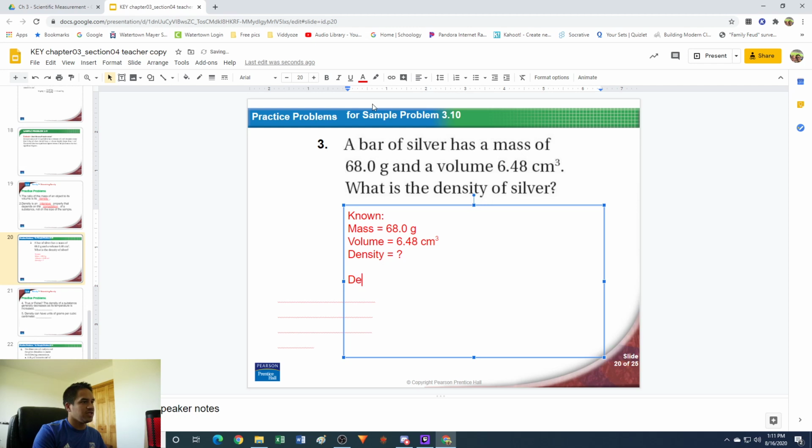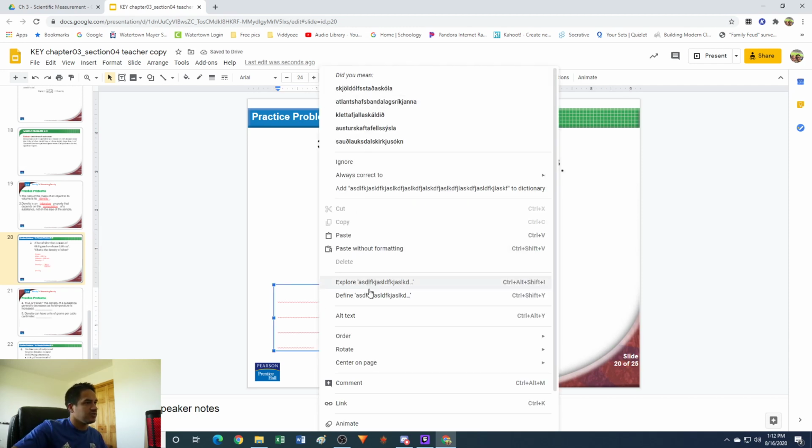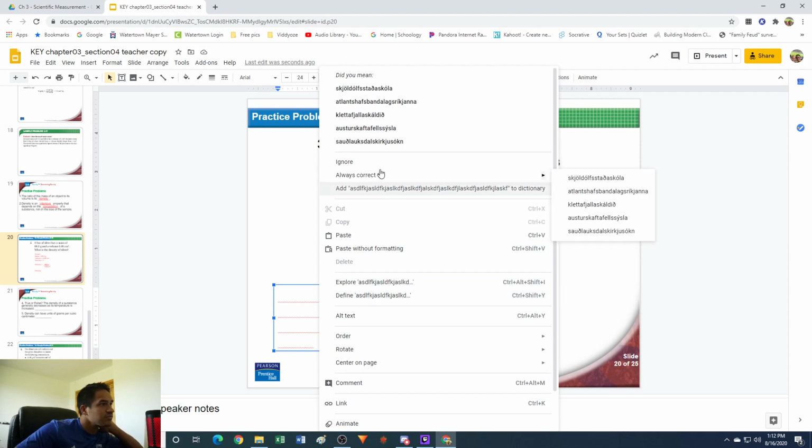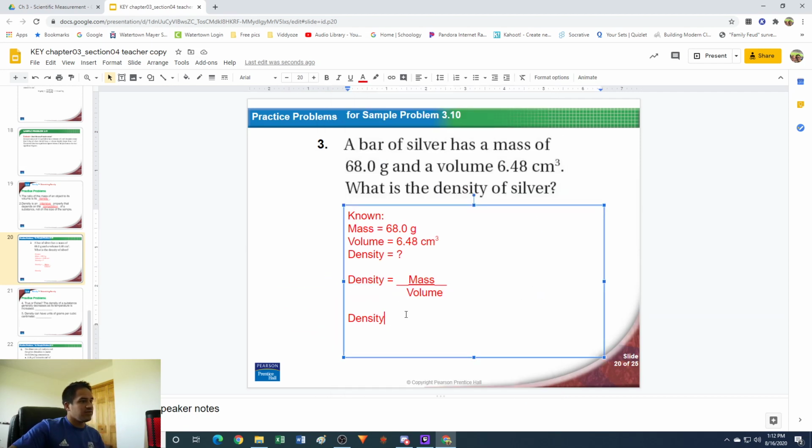Now remember that density is equal to mass divided by volume. So we have density is going to be equal to mass, in this case 68.0 grams, divided by volume, which is 6.48 cubic centimeters.